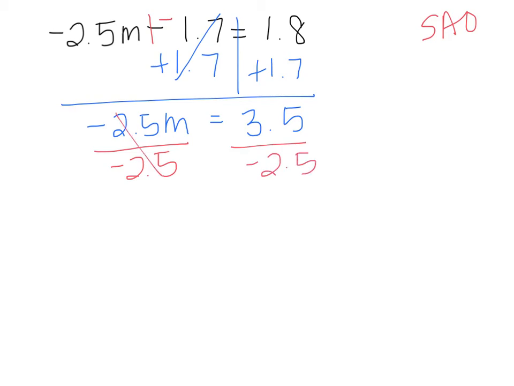So I'm going to be left with m on the left equals, now right away I notice I have a positive on top and a negative on the bottom. So I know my answer is going to be negative. You can use your calculator to help you, and you get negative 1.4. I want you to check your answer the long way on your paper to make sure it's correct. And then let's go to our final problem.